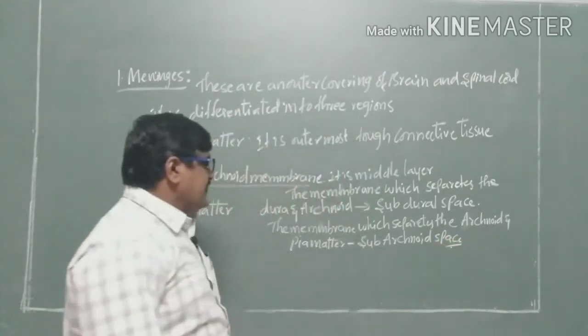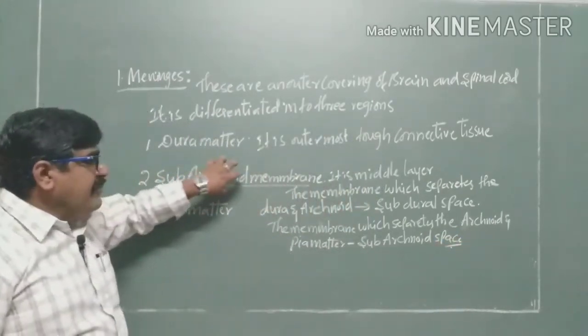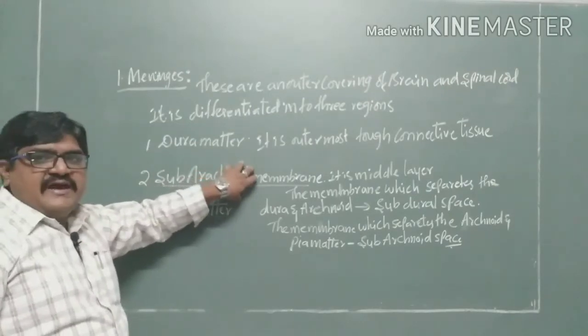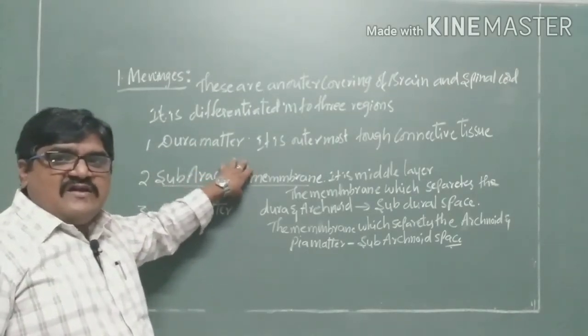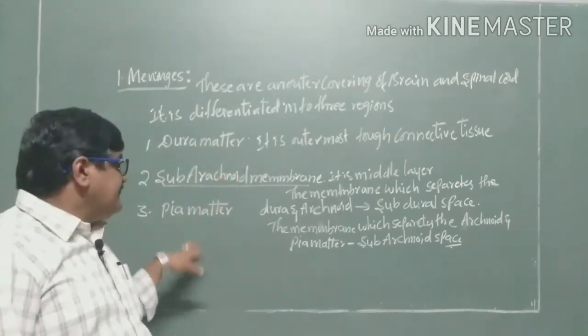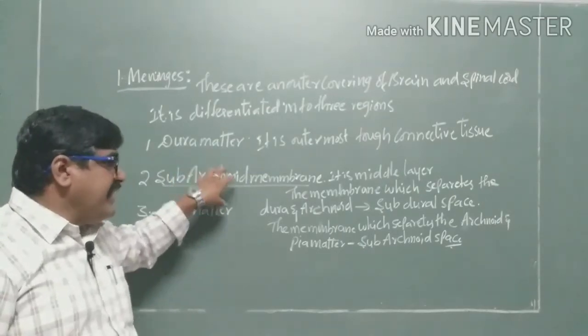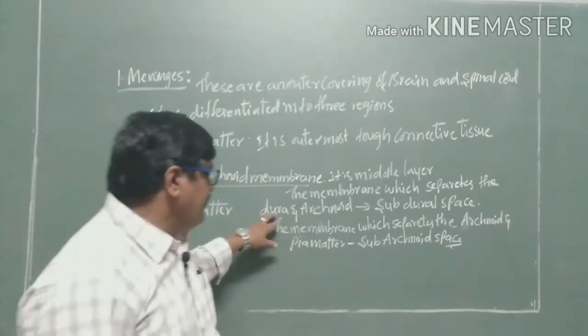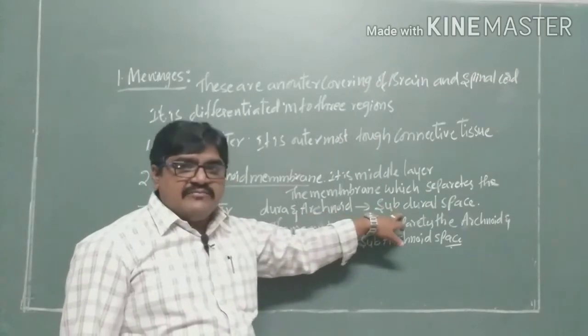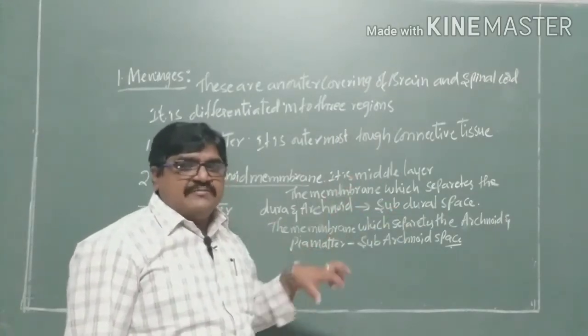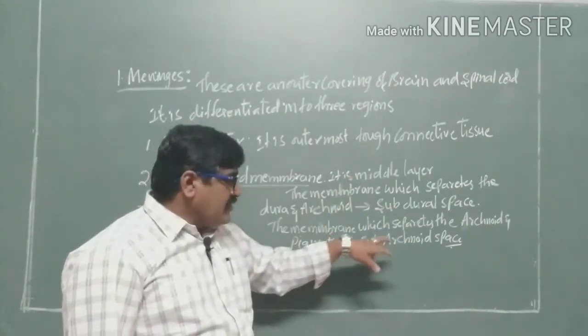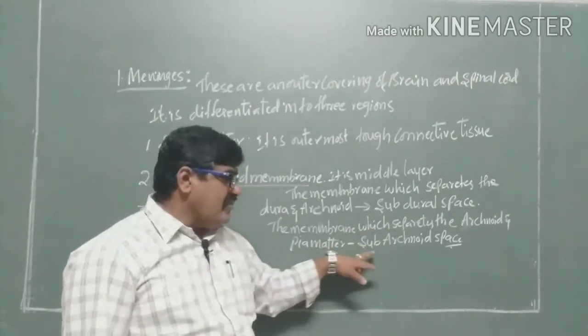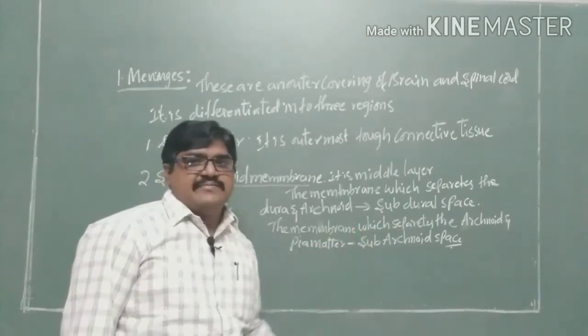So here it is the middle layer of the meninges, called the subarachnoid space or subarachnoid membrane, where the space separating the dura mater and arachnoid membrane is called the subdural space, and the space separating the arachnoid and the pia mater is called the subarachnoid space.